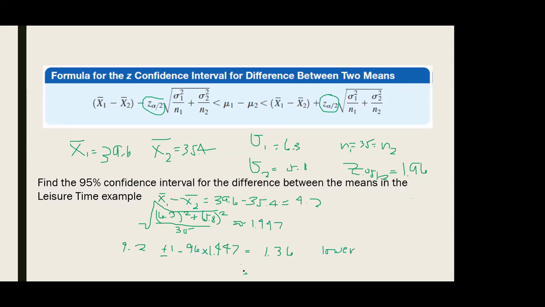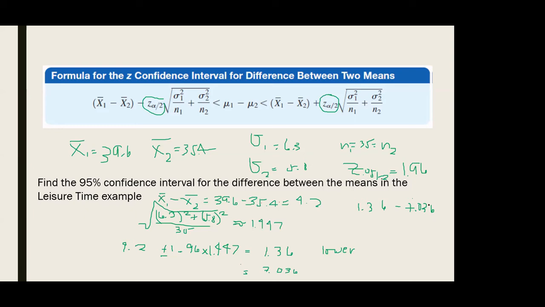And then we also have the upper boundary, or 7.036. Okay? So this is actually the range on the standardized.